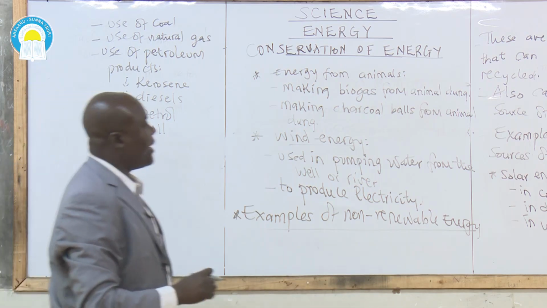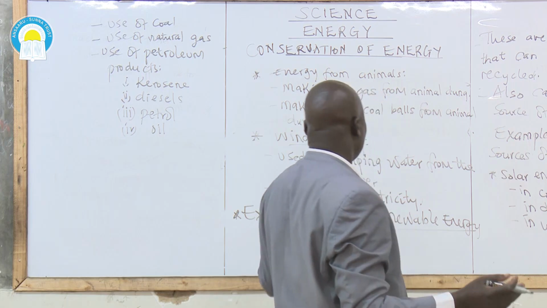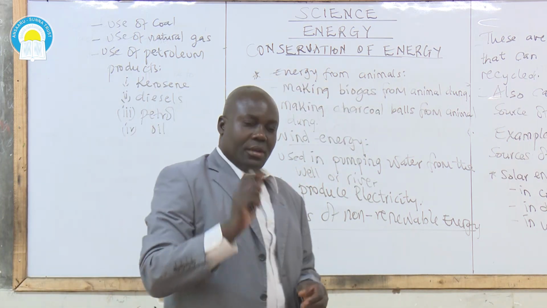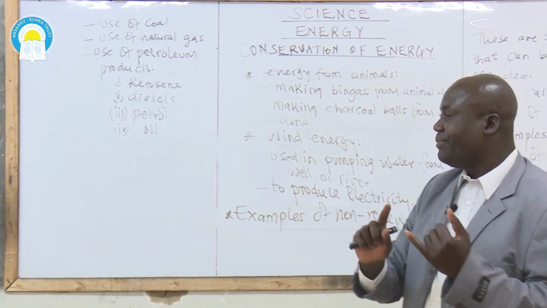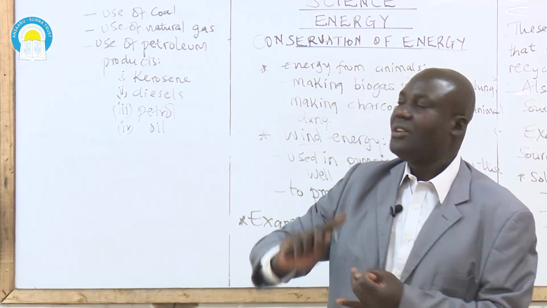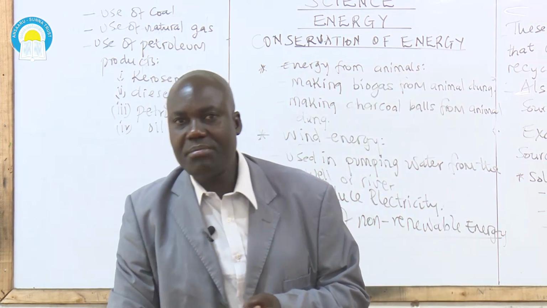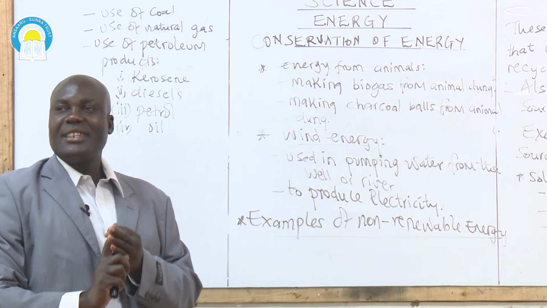Then, class, what did we learn today? We have learned that there are three ways of conserving energy, which are using energy-saving devices, using renewable sources of energy, and using energy sparingly.